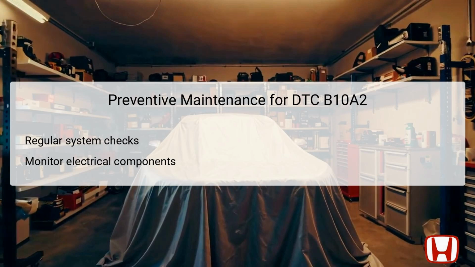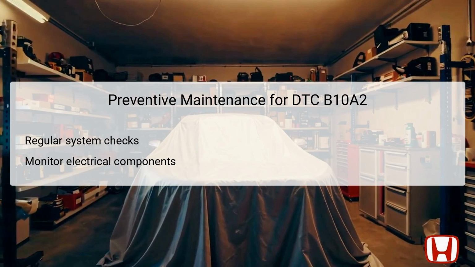Preventive maintenance is key to avoiding DTC B10A2 and similar issues in the future. Regular checks of the vehicle's electrical systems can help identify minor faults before they escalate into more significant problems. Additionally, ensure electrical components are consistently monitored for any signs of wear or malfunction.